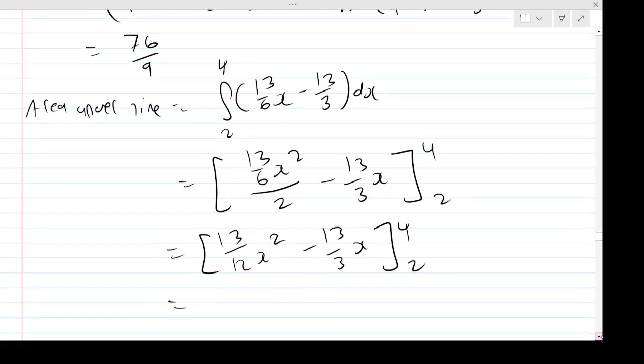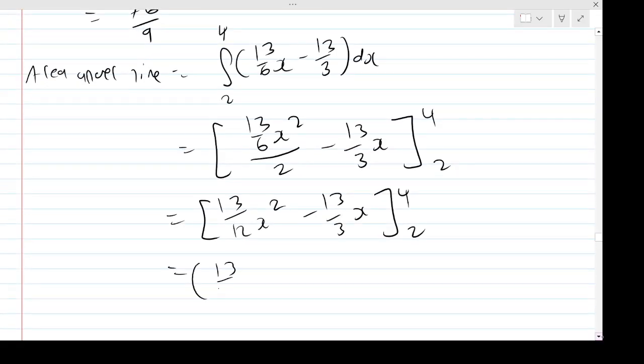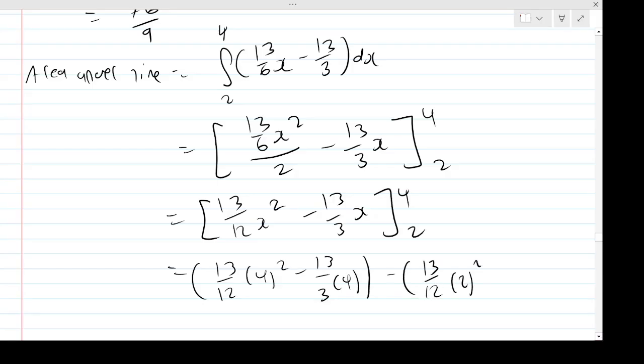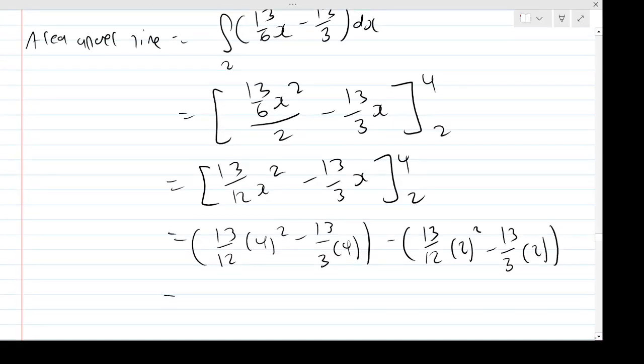Okay, so then if I plug in 4, that'd be 13 over 12 of 4 squared, take away 13 over 3 of 4, take away 13 over 12 of 2 squared, take away 13 over 3 of 2. Okay, so then if I work that out, I get 13 over 3.